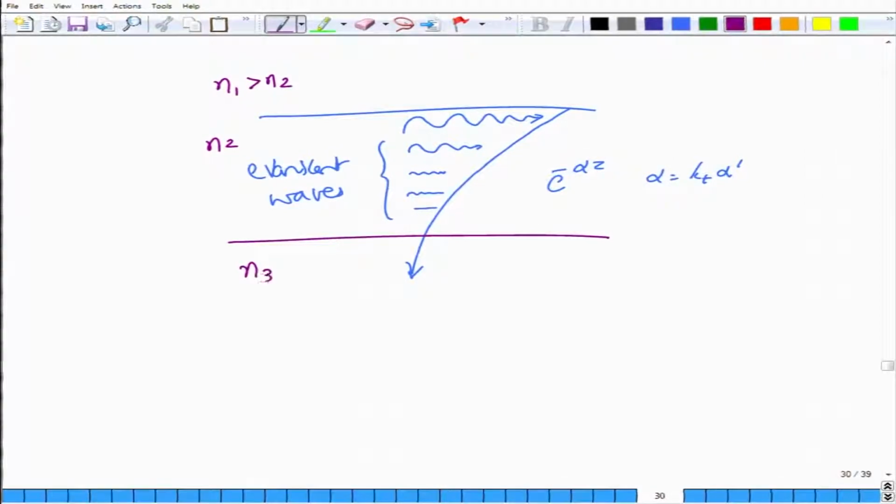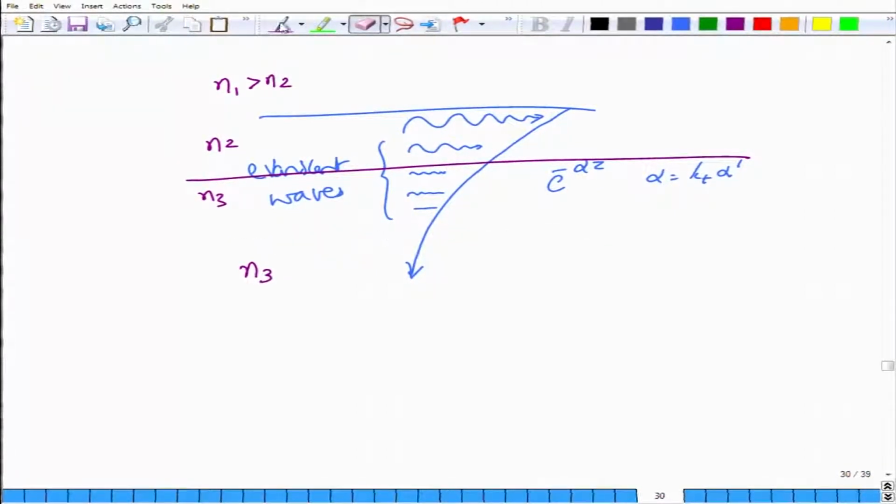If I now choose a structure, let us say N3, and bring this structure closer, not very far away, very close by to this medium, and let us say N3 is less than N2, then the waves that are present here can actually excite the propagation of additional light that is formed by this structure of two parallel lines, or this is a film of some refractive index N3 that you can think of.